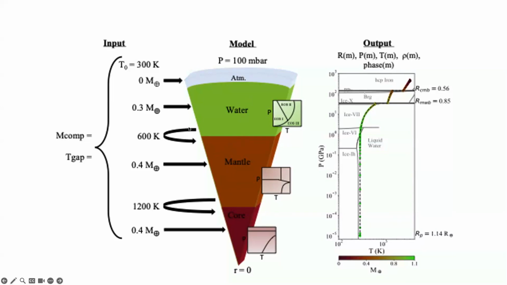Between each layer, there's a temperature. You can include a temperature jump, and then you just tell it how much mass is in each one. You feed it an equation of state, or a phase space diagram, which says what phase the material is in, depending on the temperature and the pressure.